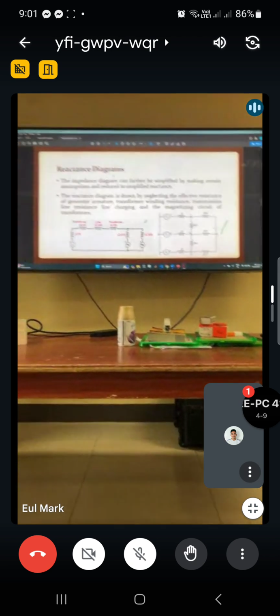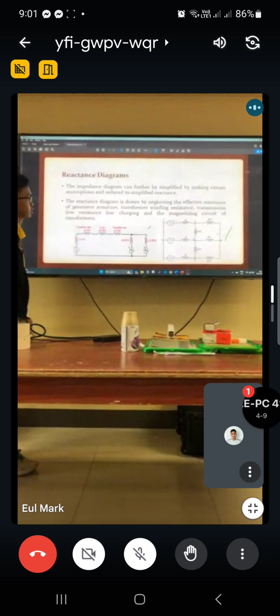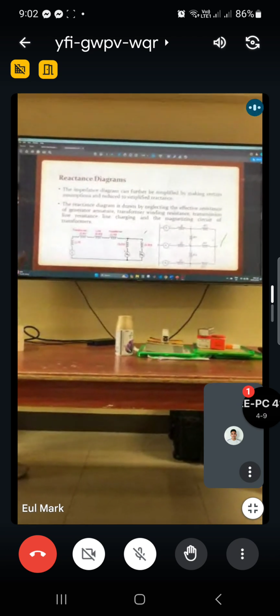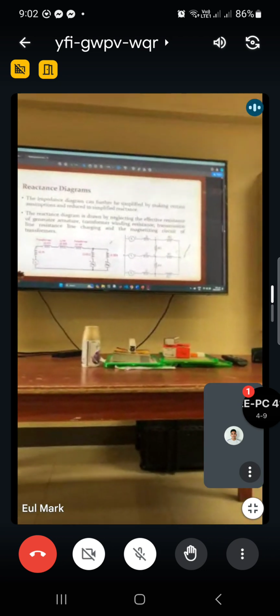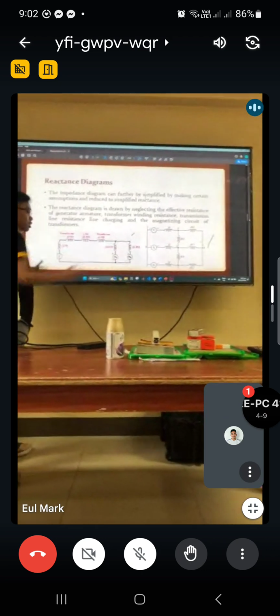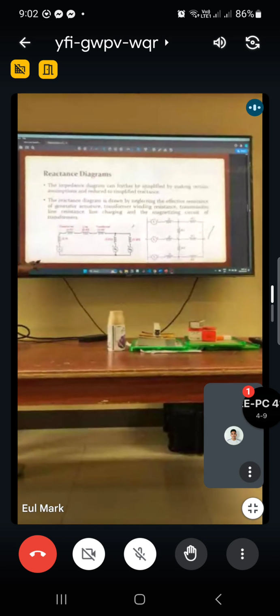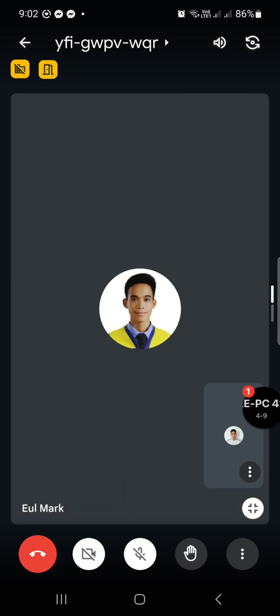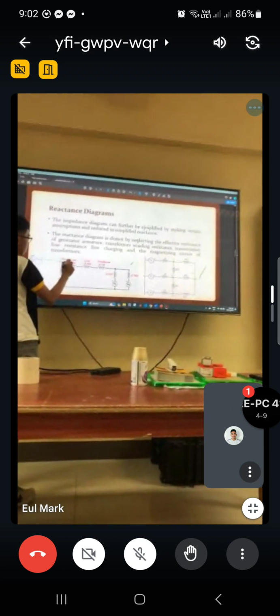Depending on your system, if it's a very simple and straightforward system, you would normally expect a straightforward reactance diagram. But what if the system looks like this? G1 is connected to some bus, and this bus is connected by a transmission line to another bus with G2, along with the connection of another bus.